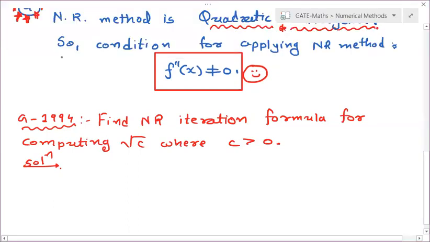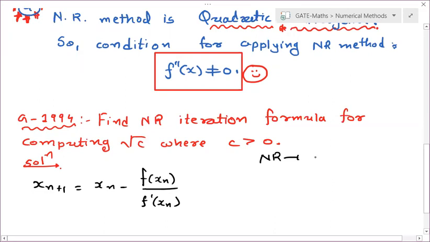Now understand this question carefully. Your Newton-Raphson formula is xn plus 1 is equal to xn minus f of xn divided by f dash xn, isn't it? So first we need to assume some f of x. We need to compute root C. Newton-Raphson method is for the numerical solution of linear or non-linear equations.